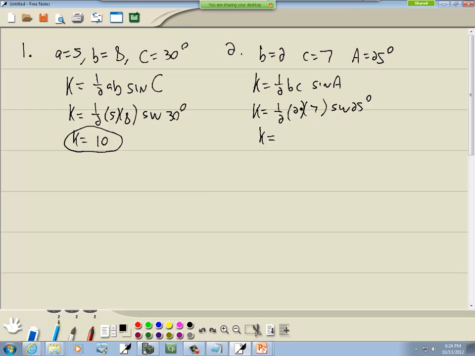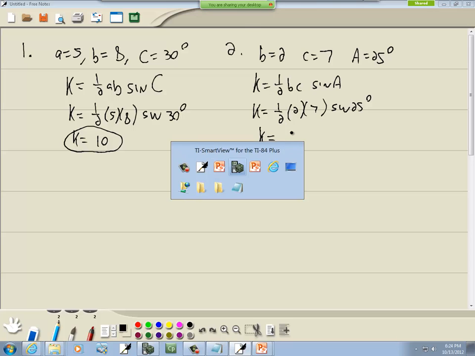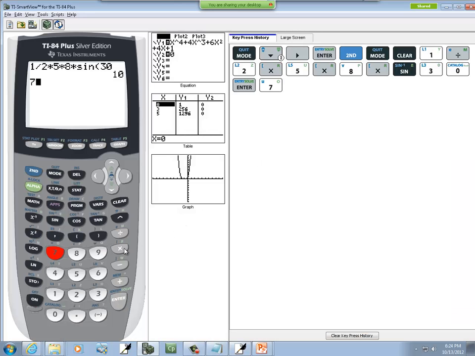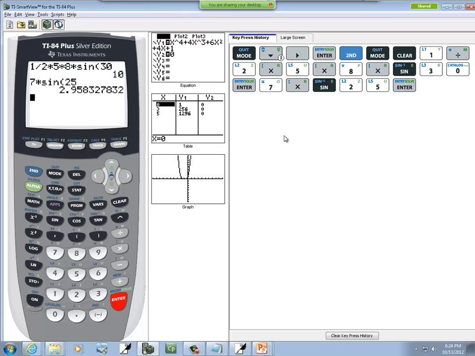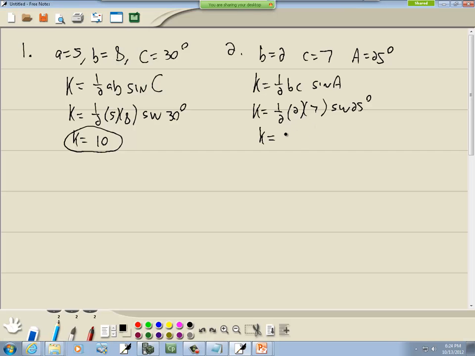Well, 1/2 times 2, those cancel each other out, so actually we just do 7 times sine 25 degrees. And I'll take it to 2 decimal places, 2.96. And that's our answer.